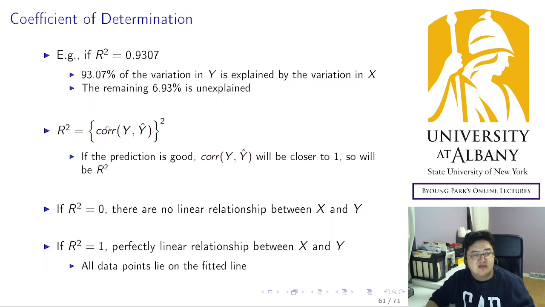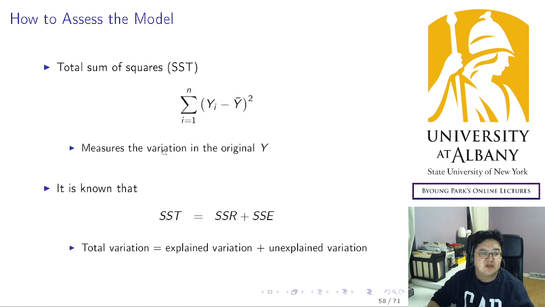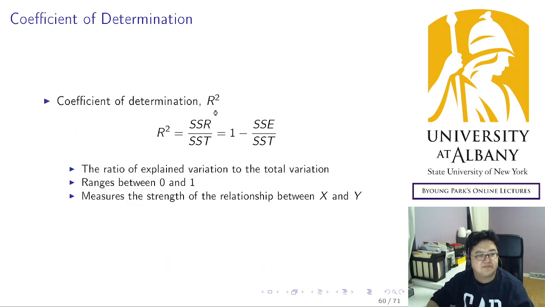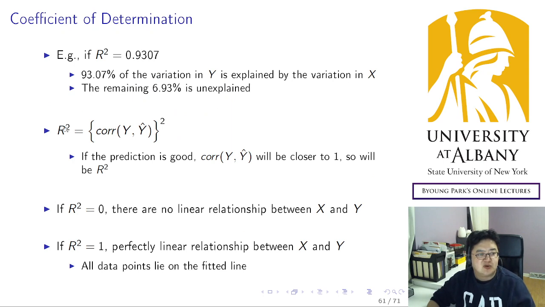If you take the square of that, then you will get R square. Now, why do we need to take the square? Because R square is based on sum of squares. So everything is squared. So it intuitively makes sense, right? So R squared is named after this correlation coefficient squared.